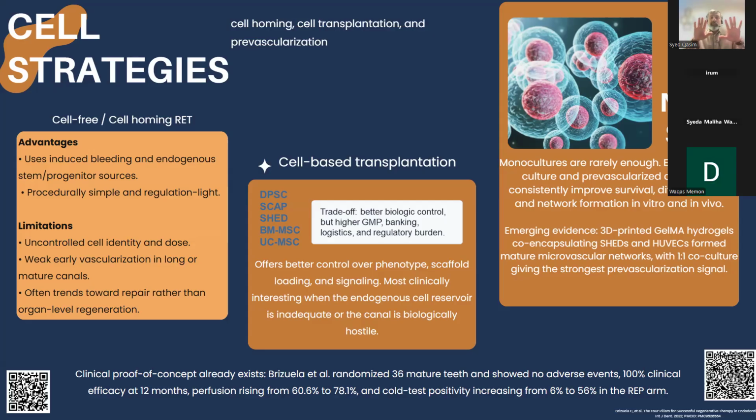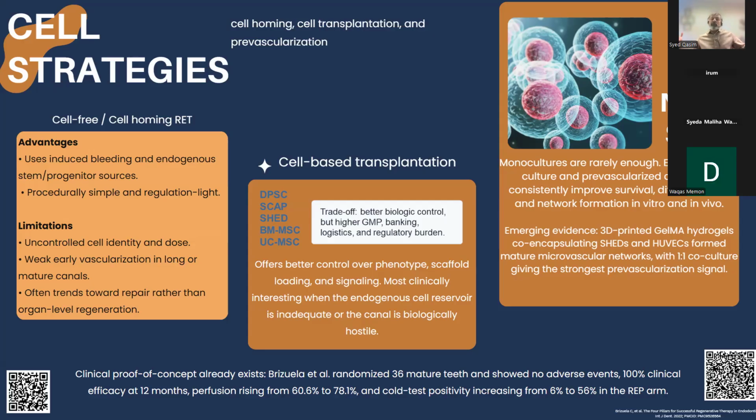That means the seeding capacity of both cells was equal, 50-50. The number of SHED cells they used, they used HUVECs in the same concentration, giving the strongest pre-vascularization. That means they were able to see some mature microvascular networks, which is very fascinating.